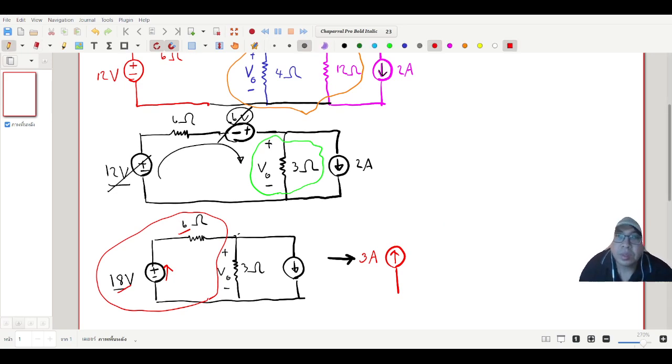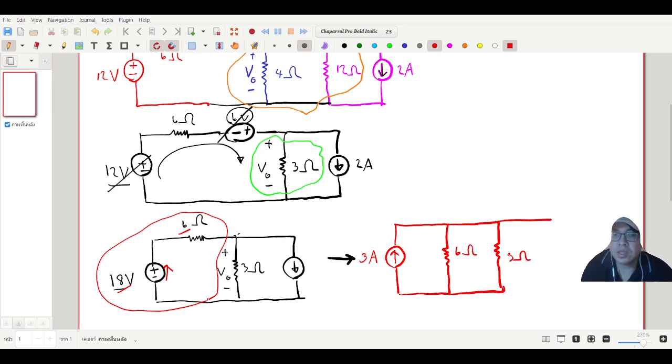We go to parallel. This is 6 ohm and then 3 ohm. And then the last one is in the downward direction, 2 ampere. This is also 2 ampere.